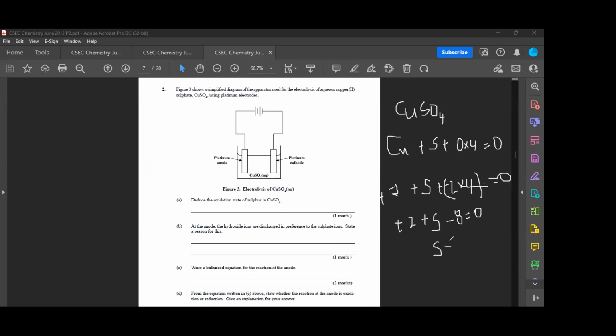S minus 6 is equal to 0. Therefore, S is equal to positive 6. Everybody saw that or understood that? Yes, sir. And sulfur is always +6 when it is in a sulfate, and the overall charge for a sulfate is 2 minus. So it will always be equal to +6. So this is +6.